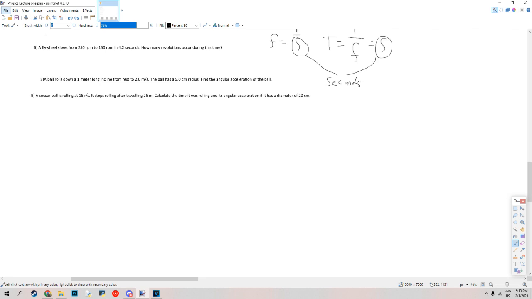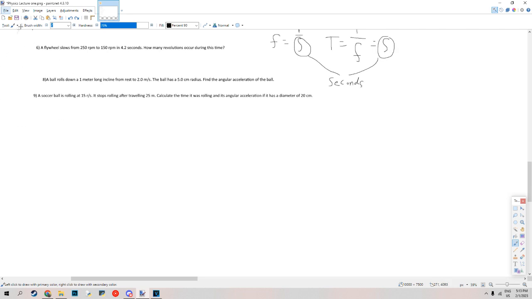So number 6 tells us that a flywheel slows from 250 rounds per minute to 150 rounds per minute, or rounds as in revolutions, in just 4.2 seconds. And then it asks us to find how many revolutions happened during this time. So let's write down what we know. We know that our initial angular velocity was 250 rounds per minute, where a round is 2 pi and a minute is 60 seconds.